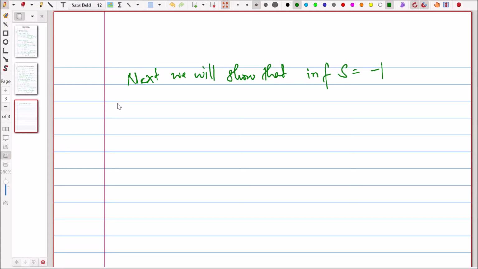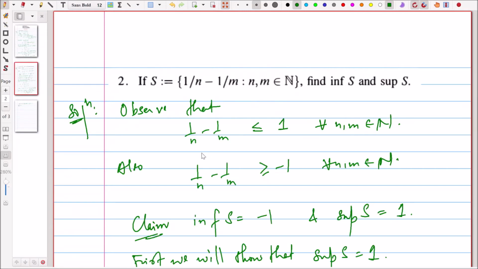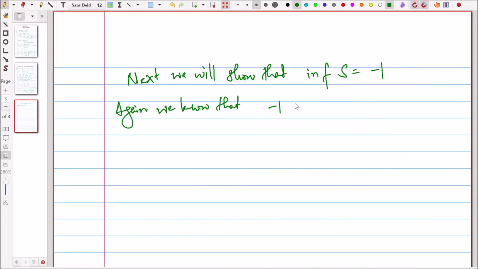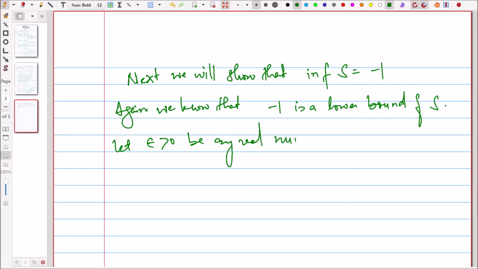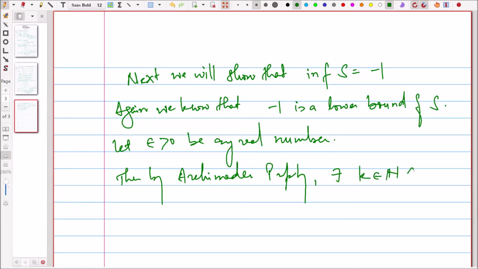So we know that, because we have already seen this part that 1 by n minus 1 by m is greater than or equal to minus 1, minus 1 is a lower bound of S. Now let epsilon greater than 0 be any real number, then by Archimedean property there exists k belonging to N such that 1 by k is less than epsilon.